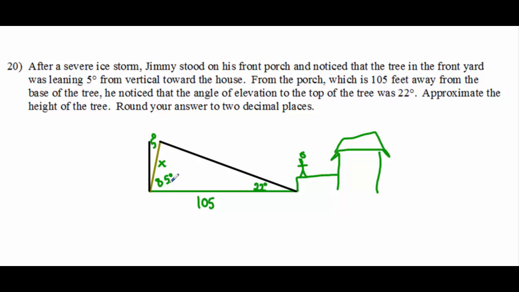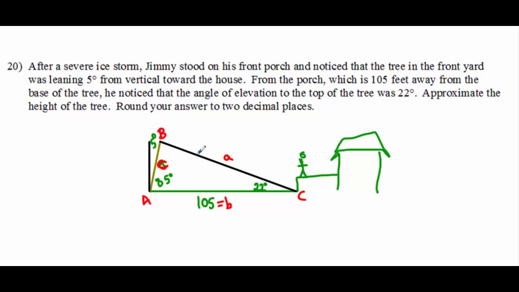I can use the law of sines because I have angle, side, angle. And so I might want to label these as A, B, and C, because then I know that this is side B, this is side A, and I'm really trying to find C the way I labeled it.